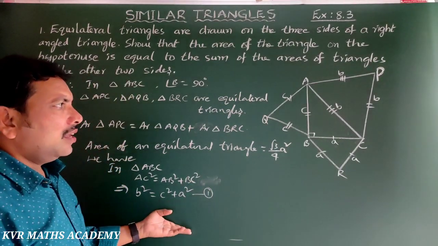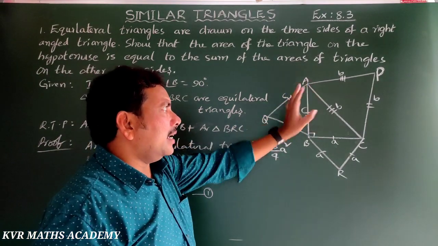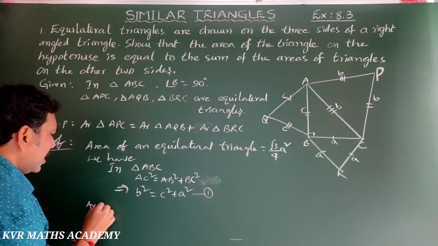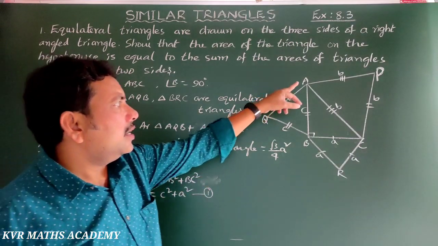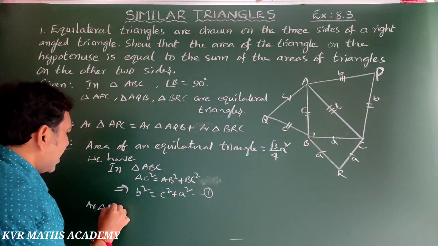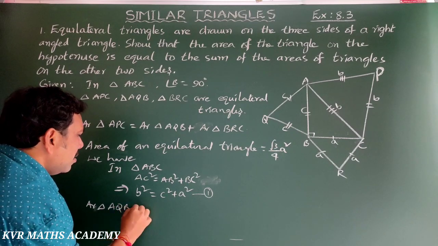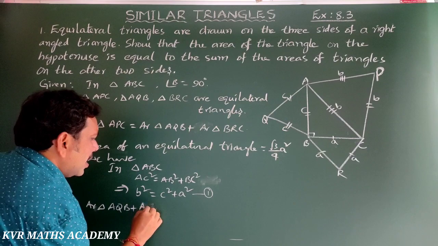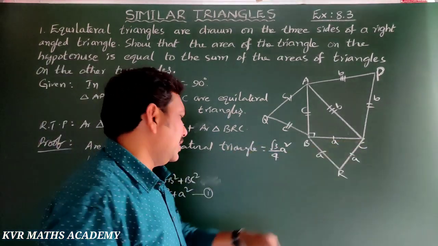Now take the area of triangle AQB plus the area of triangle BRC.